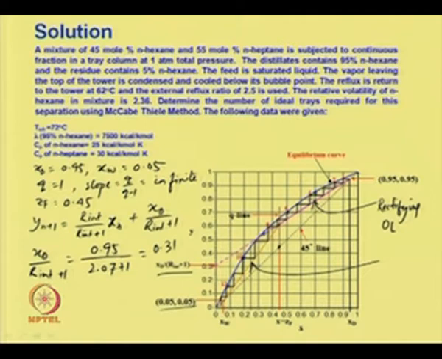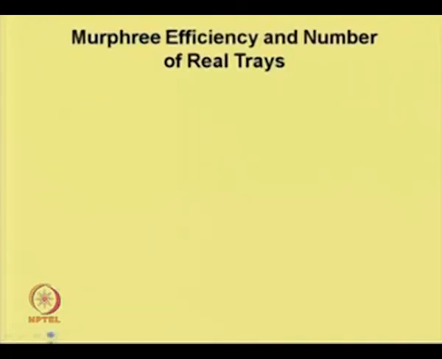This is the stripping section operating line, and then if we follow the construction of the stages, we see that the number of ideal plates are 12.5.